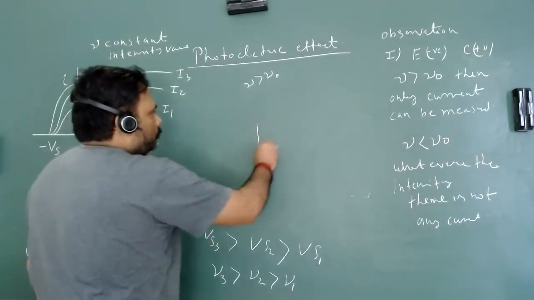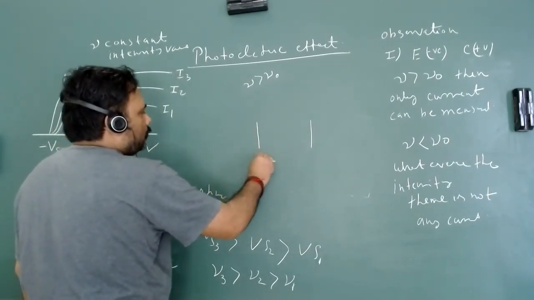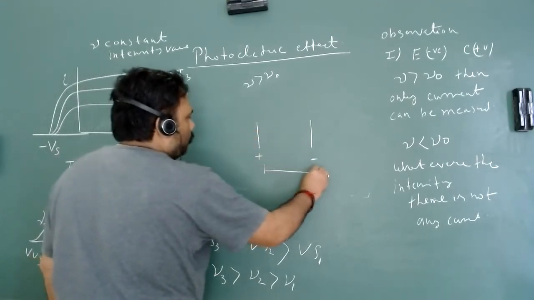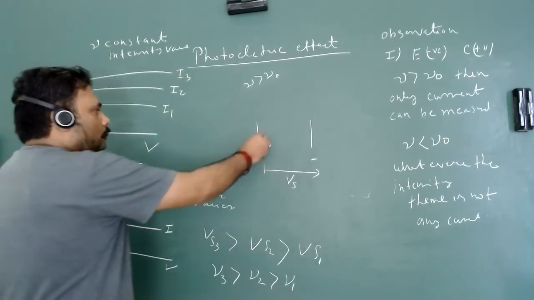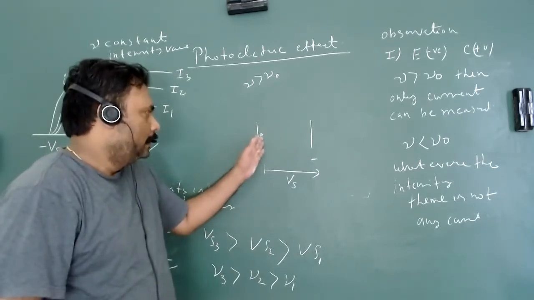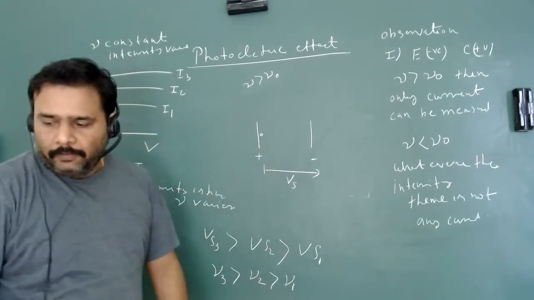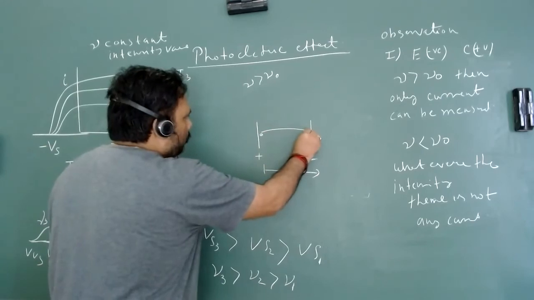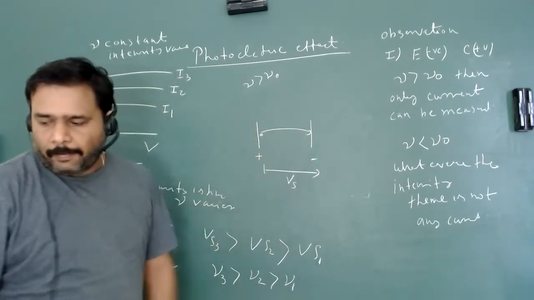Suppose this is a potential, this is positive and this is negative, and let's say this particular value is some Vs. If we have n number of electrons, and all electrons have some kinetic energy, then only those electrons will reach here whose kinetic energy is more than Vs.